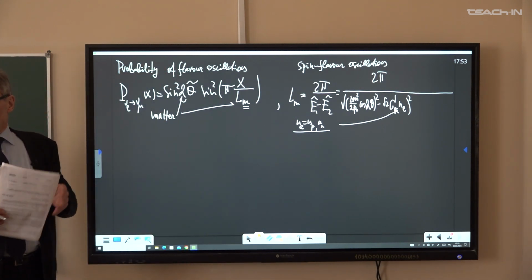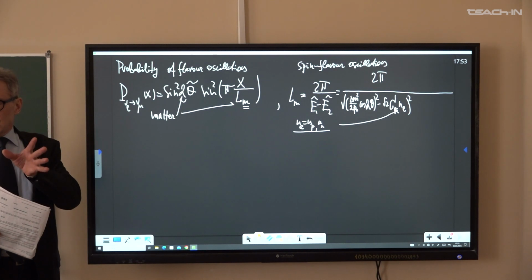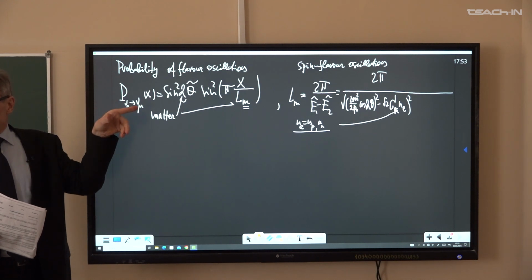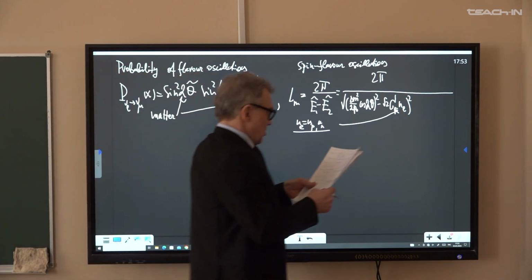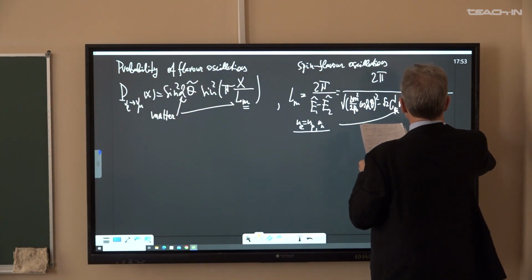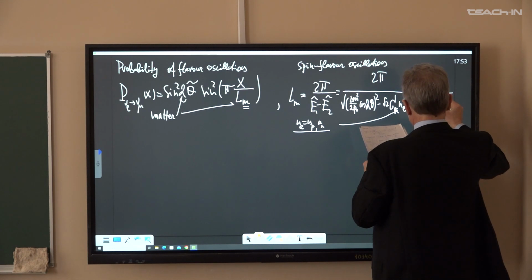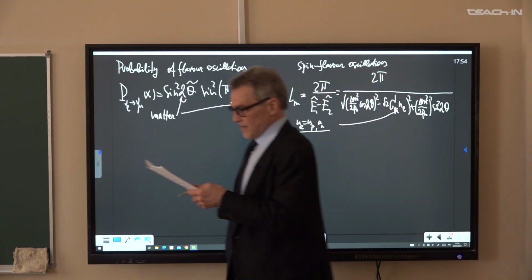We also discussed that if we consider active-to-sterile oscillations, like a fourth sterile component, there will also be a contribution from the density of neutrons. You remember? Okay? So, squared, plus the last term, the mass square difference delta m squared divided by 2 energy, squared, multiplied by sine squared double theta. This is the effective oscillation length.